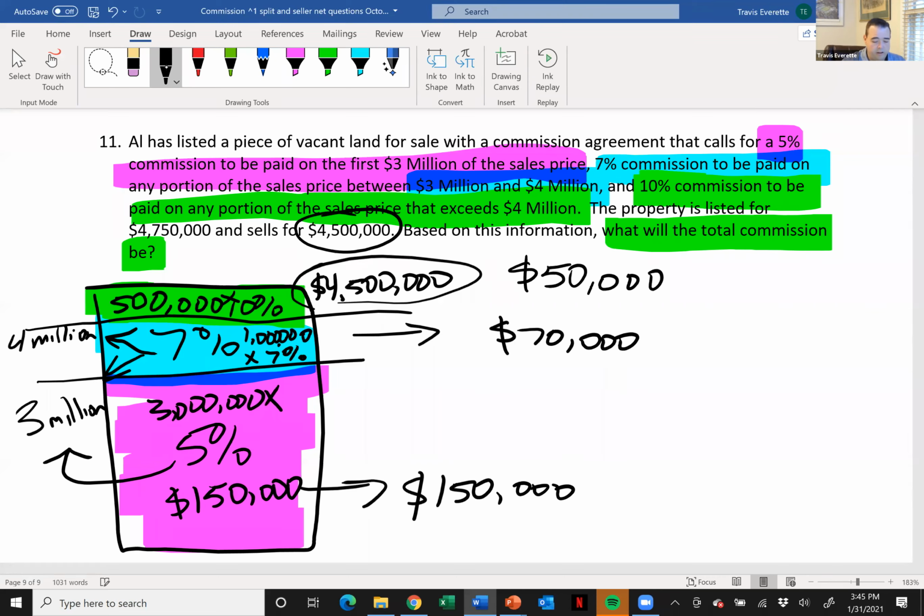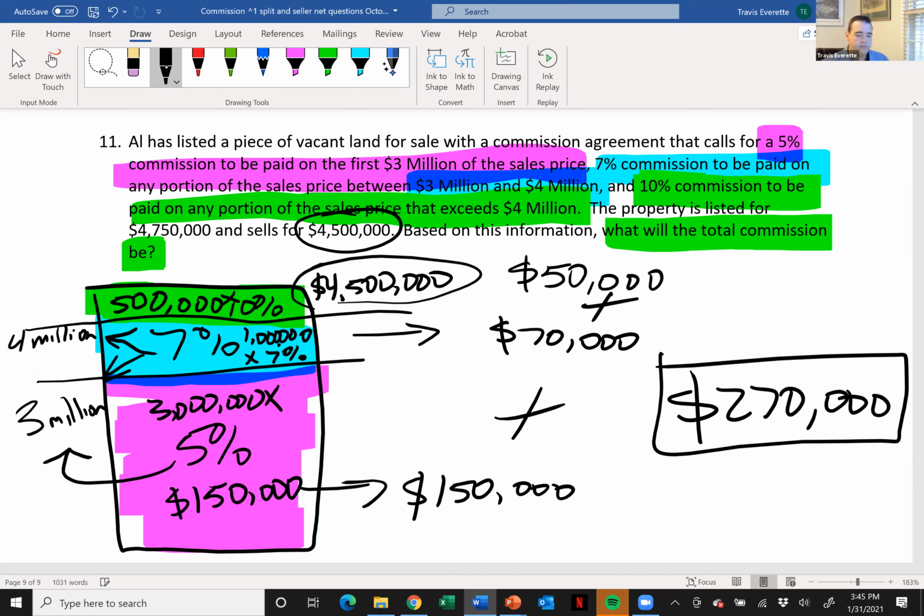So I got 50,000 plus 70,000 plus 150,000. That looks like $270,000 in commission to me. $270,000 total commission on that transaction. Nice day if you can get it. Not a bad deal.